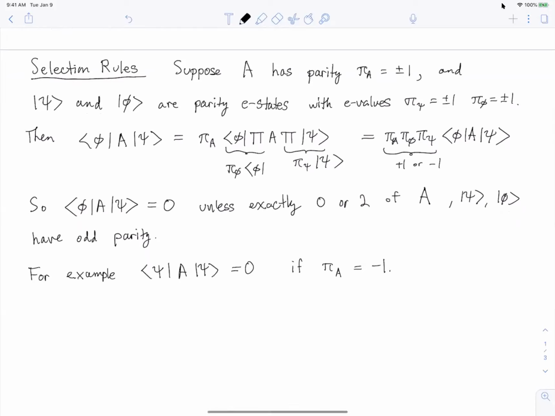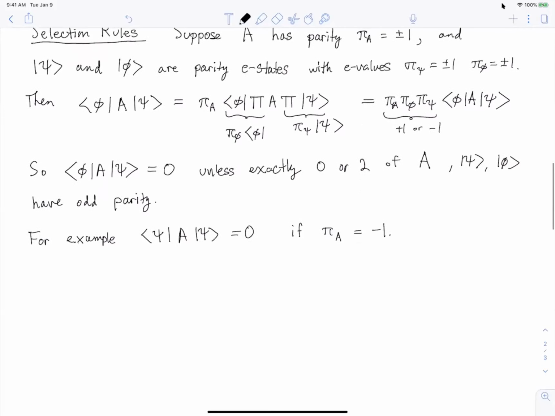So the reason we've seen this in several examples is X is an operator with odd parity. And if you take its expectation value in any state, whether the state has even parity or odd parity, that matrix element must vanish. And we saw that in action by doing an integral.